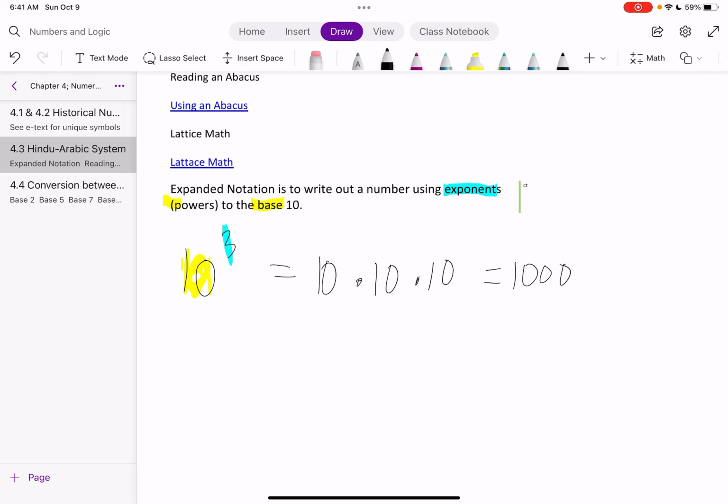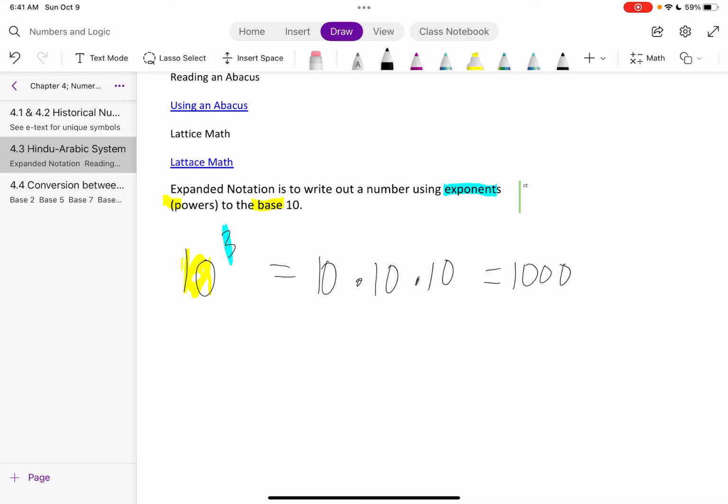So how do we do expanded notation? Well, expanded notation is when you take a number, say 372, and we break it apart. This is the same as writing 300 plus 70 plus 2. And now I can also break it down further to 3 times 100 plus 7 times 10 plus 2 times 1.